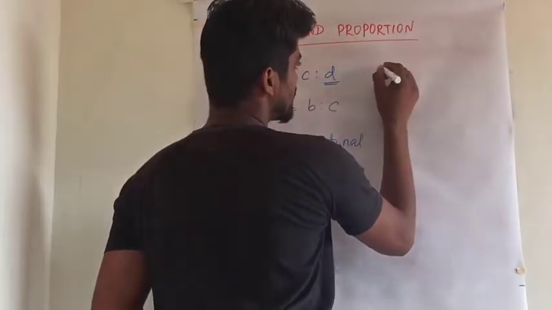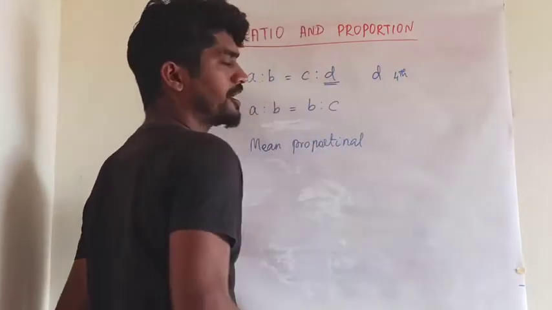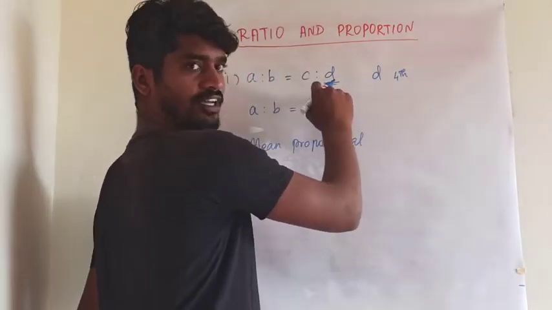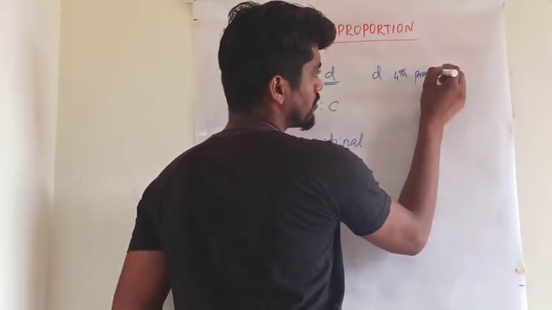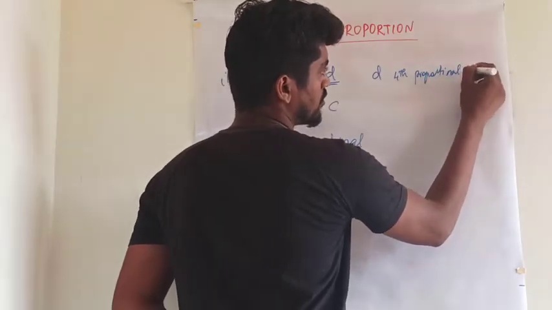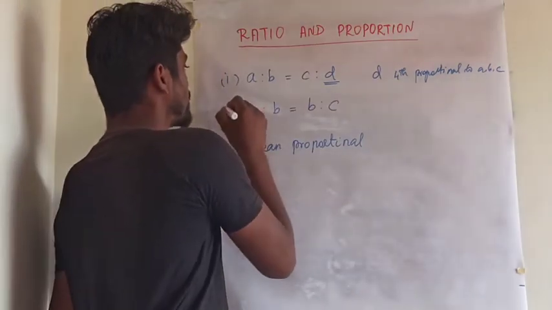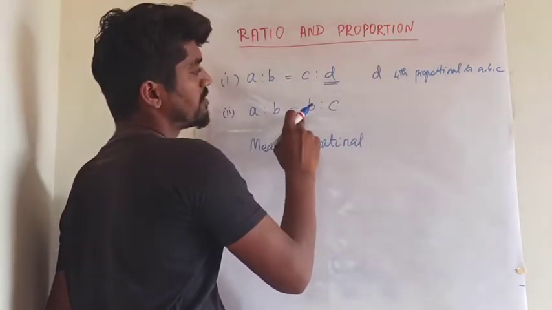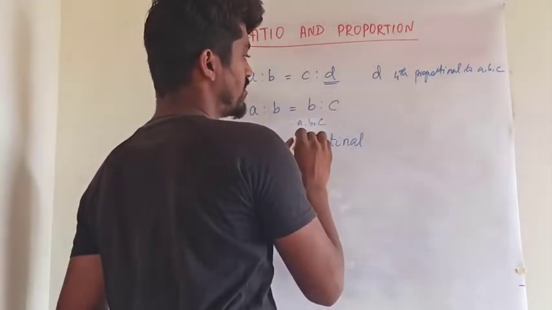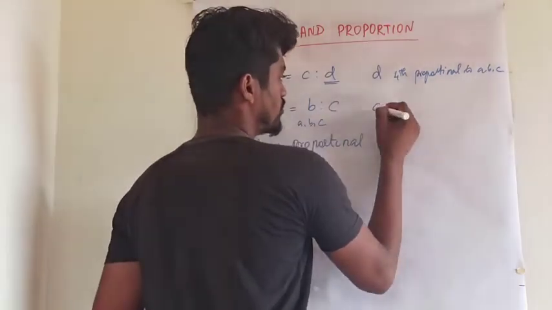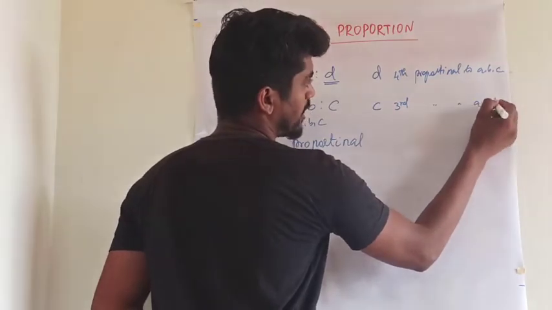So D is the fourth proportional to A, B and C. Four variables are given, and D is the fourth proportional to A, B and C. In the second format, A is to B is equal to B is to C. Here A, B and C, only three variables, are given. So C is the third proportional to A and B.